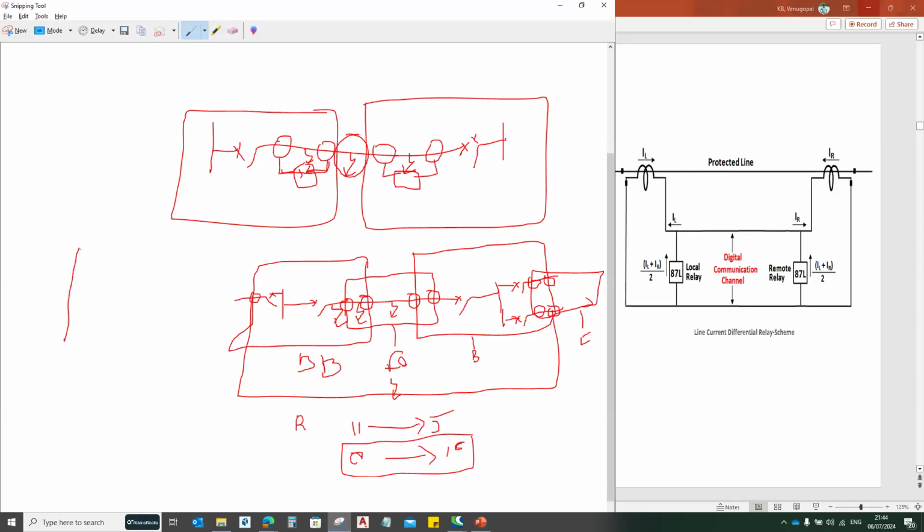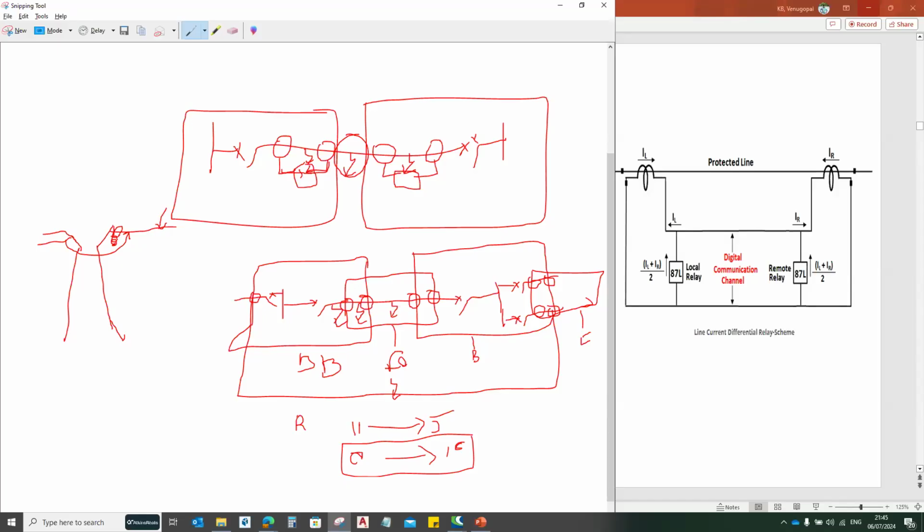Let us assume that this is your transmission tower, and you are running your transmission lines here, and here you are having some insulators. Let us assume that whenever you have fault conditions in the system, because of these fault conditions, the insulation of this insulator may fail, sometimes there is a chance.